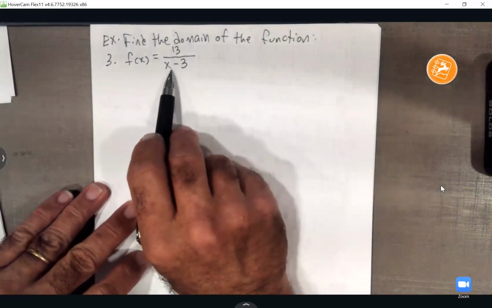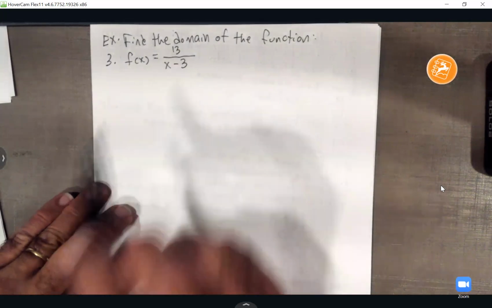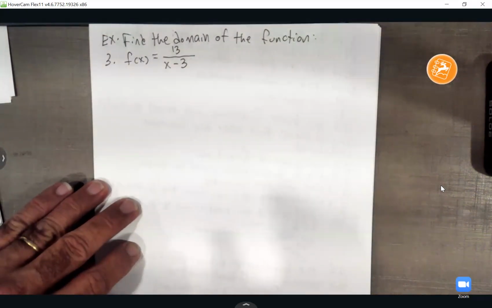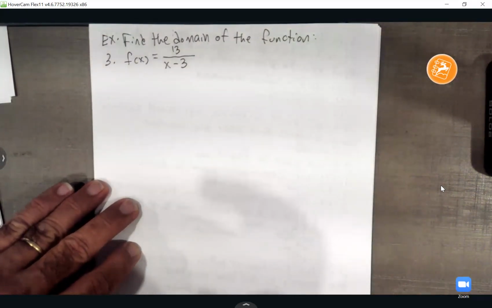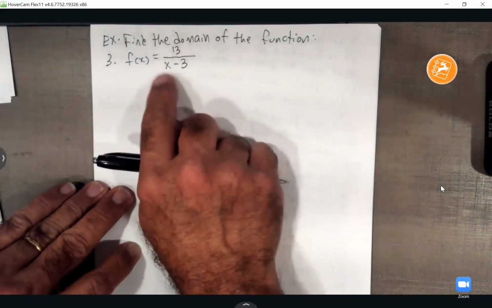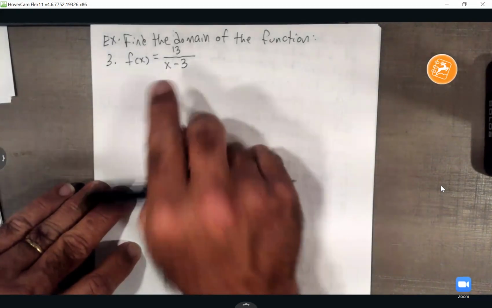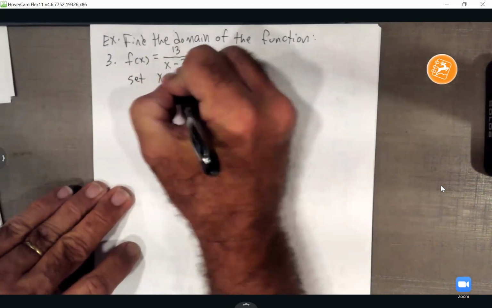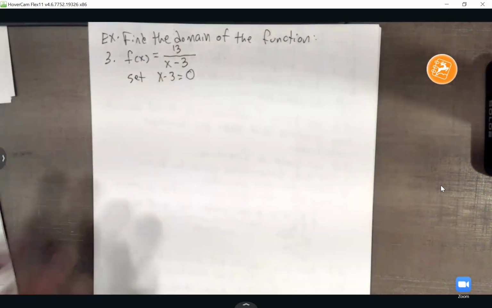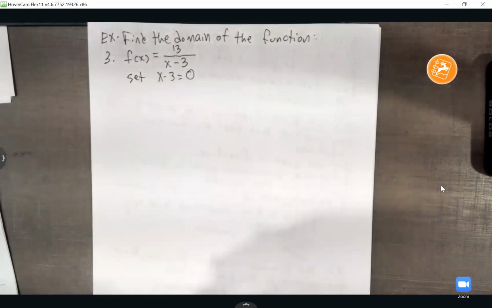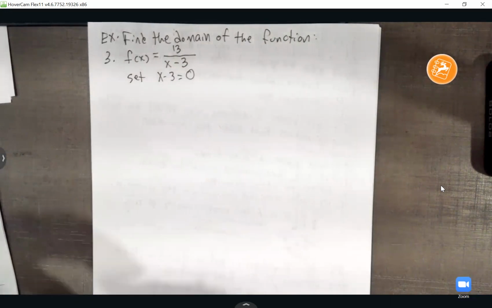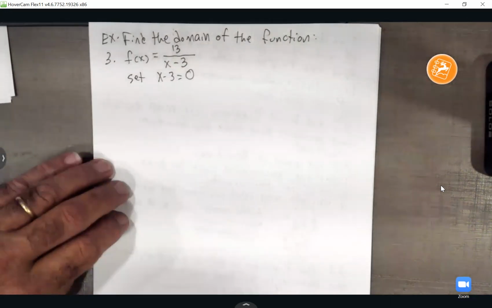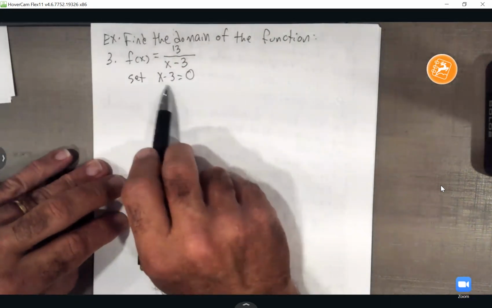All right, y'all. Since I have a fraction, I'm going to have numbers I have to exclude from my domain, and I have that variable in my denominator. So what I would do is set x minus 3 equal to 0, because when we set the denominator equal to 0, we're forcing it to give us the values that would make it undefined. So y'all solve this. Y'all got one step.